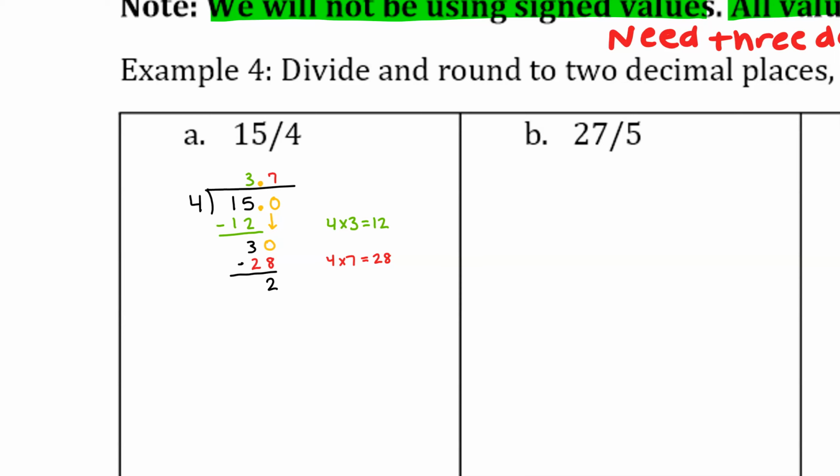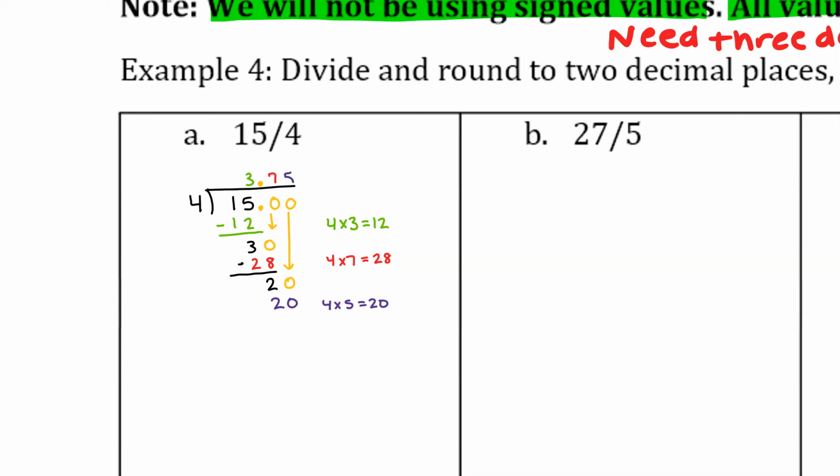Now, I can't make 4 go into 2, so I'm going to tack on another 0, and I'm going to bring that down. So now I ask the question, what do I times 4 by to get close to 20? Well, 4 times 5 actually makes 20.